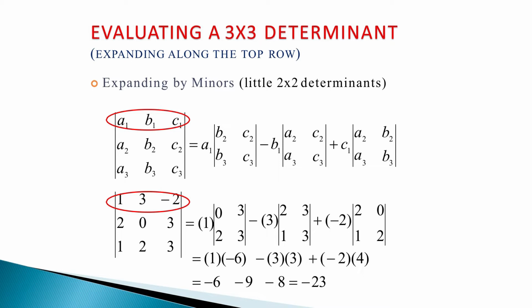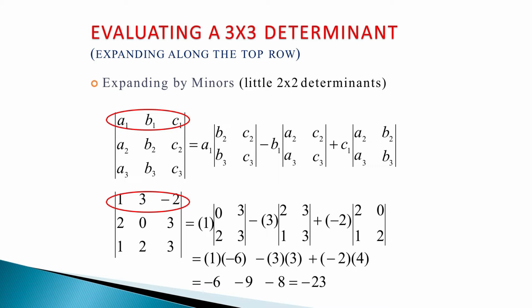The value of the third order determinant is a1 into, now delete the row and column containing a1, the remaining elements b2, c2, b3, c3 form a second order determinant, minus b1 into the second order determinant of a2, c2, a3, c3, plus c1 into the second order determinant of a2, b2, a3, b3.